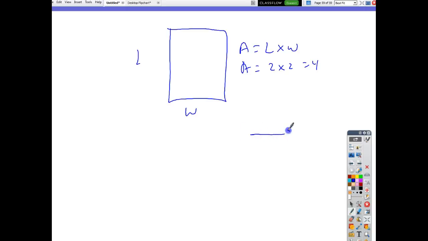And if this is length, and that's width, then my direction for my area vector would be right-hand rule, curl my fingers, out of the board. So an area vector is either out or in.